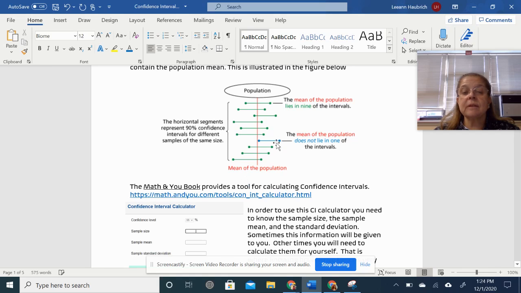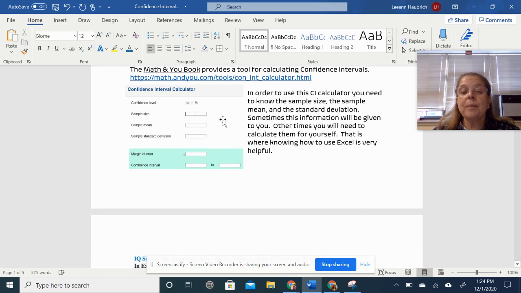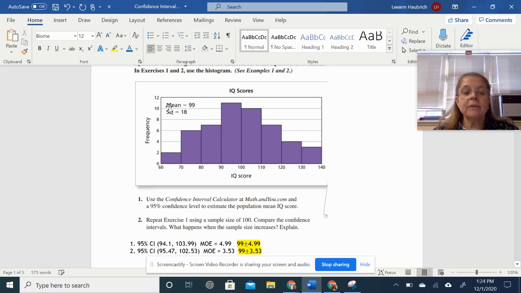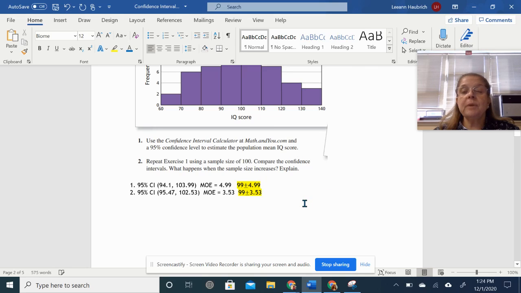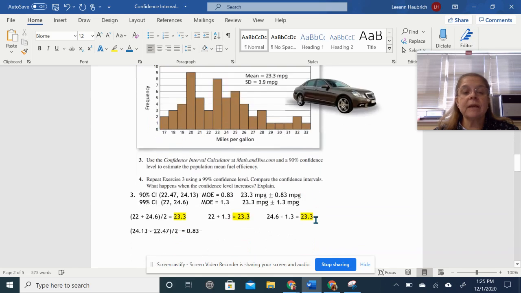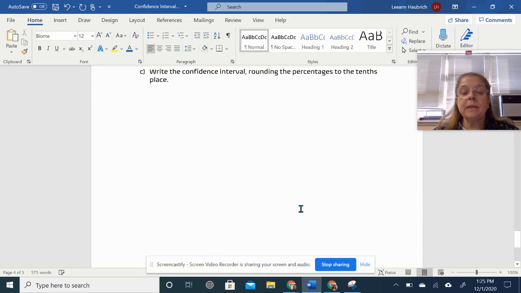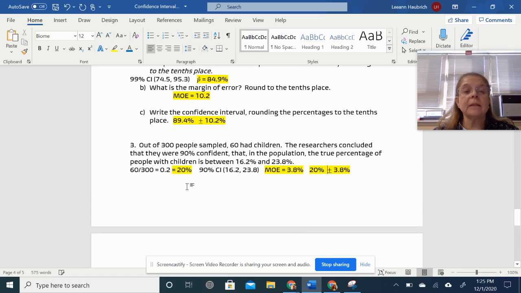To be a 90% confidence interval, it means that 90% of all the different samples will contain the true population mean. You have the confidence interval calculator that you can use. Once you know your mean or standard deviation, you can plug it in there to get the margin of error and your confidence interval. If you know a confidence interval, you can go backwards to get the mean and get the margin of error like I did on that last one. So we have a lot here.